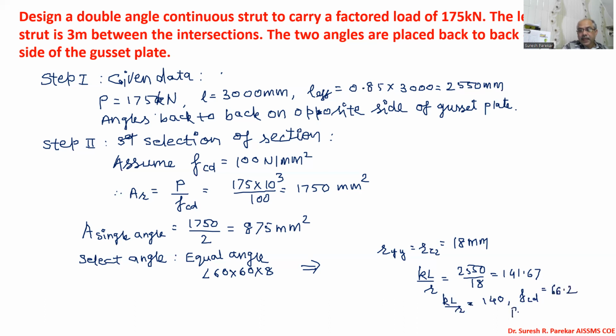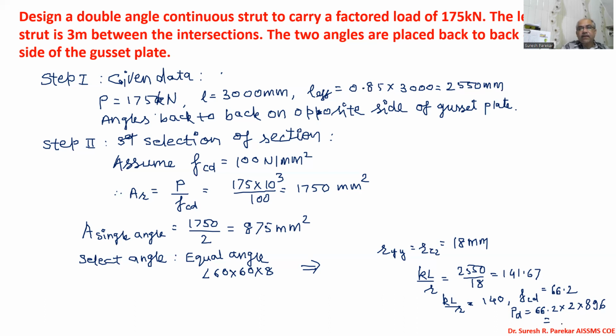Then PD equal to 66.2 into 2 into area of this section, which is 896.